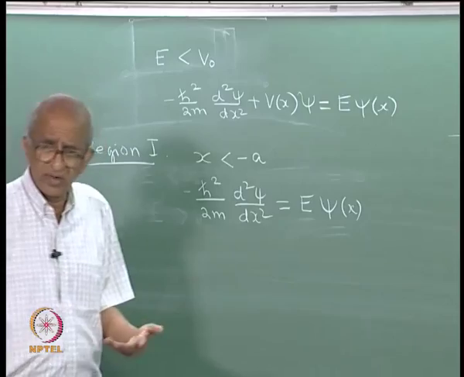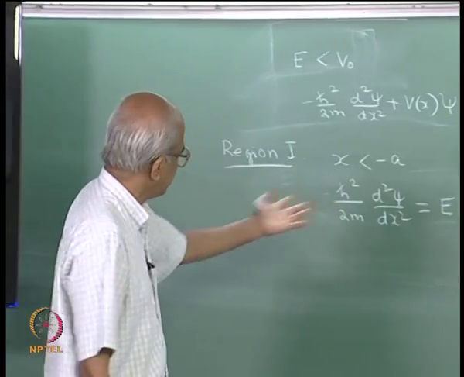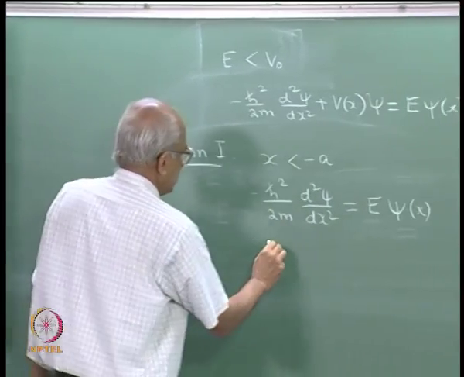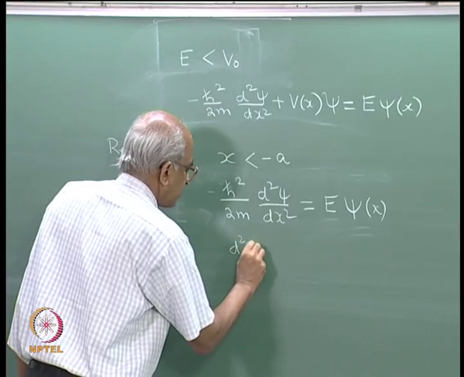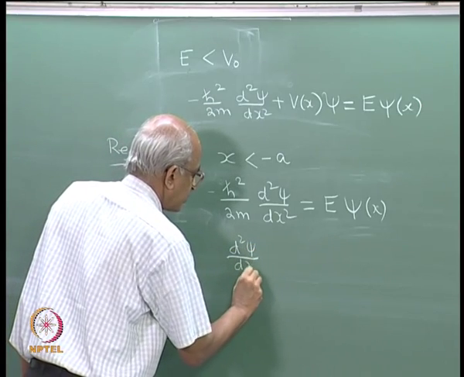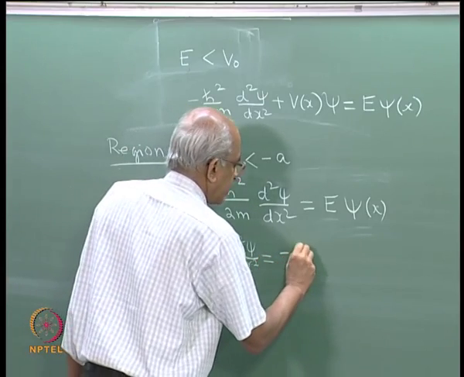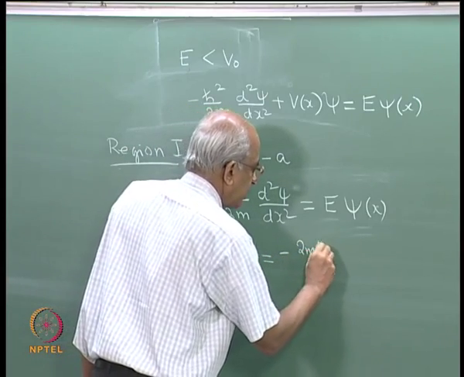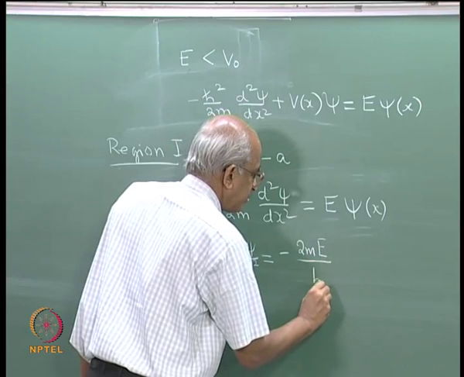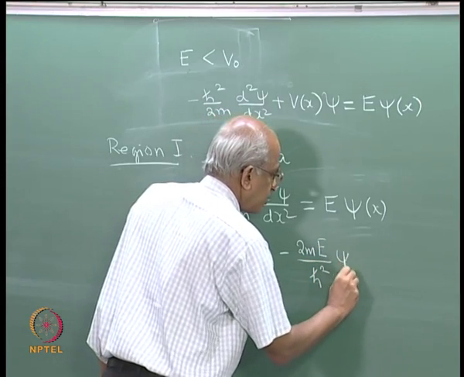We have already encountered this kind of equation, so we can simply rearrange this. We are very familiar with this kind of thing. You can write this equation as d square psi by dx square is equal to minus 2m E divided by h cross square into psi of x.